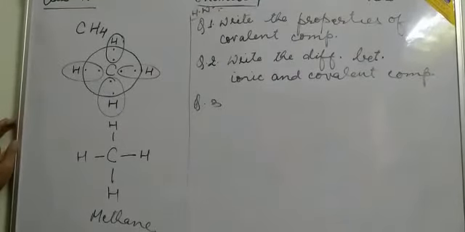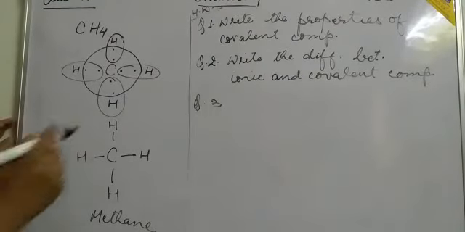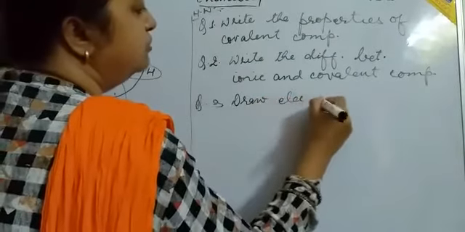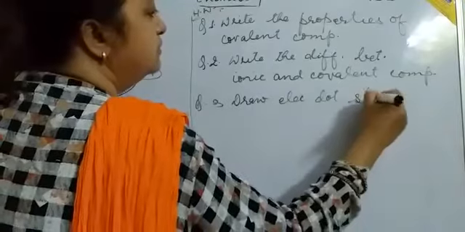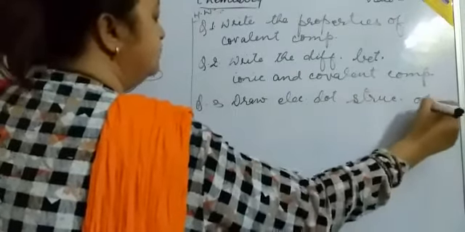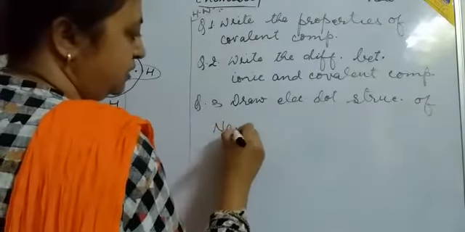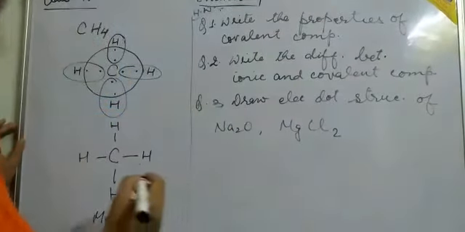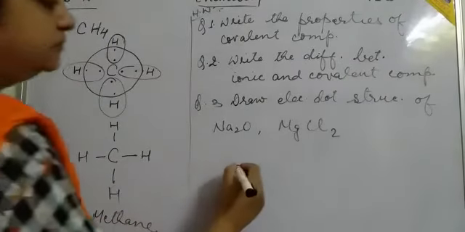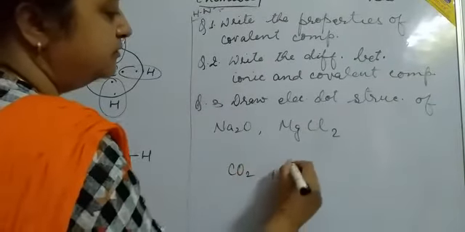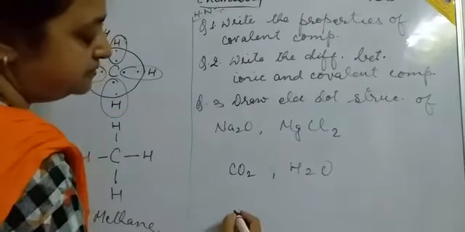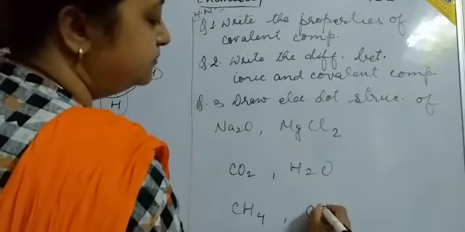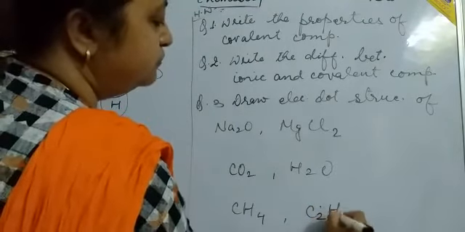Question number 3 is draw the electron dot structure of sodium oxide, magnesium chloride, carbon dioxide, water, CH4 methane and C2H4.